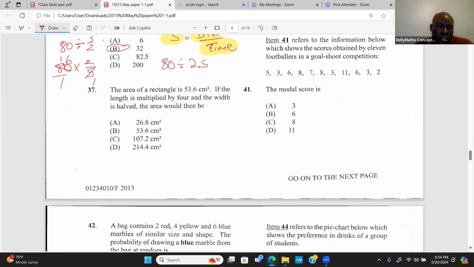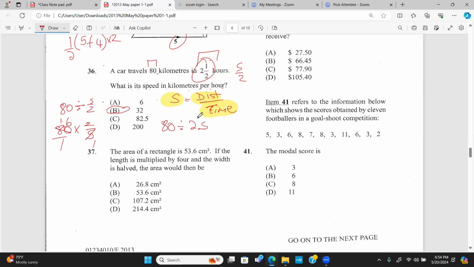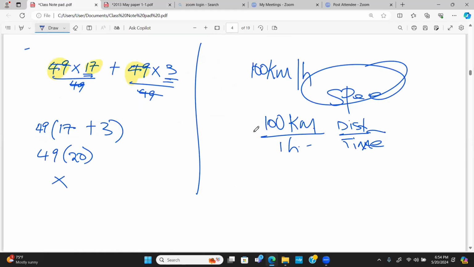All right, number 37. The area of a rectangle. Sir, I get 1.6 when I work out 80 times 2 over 5. When you're working it out, how do you get it?